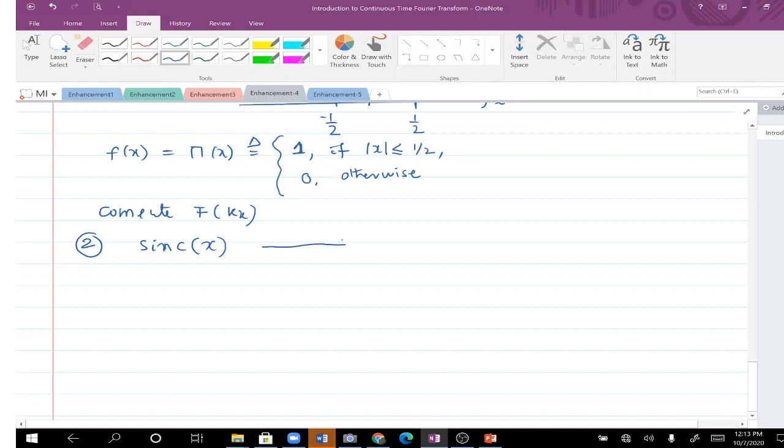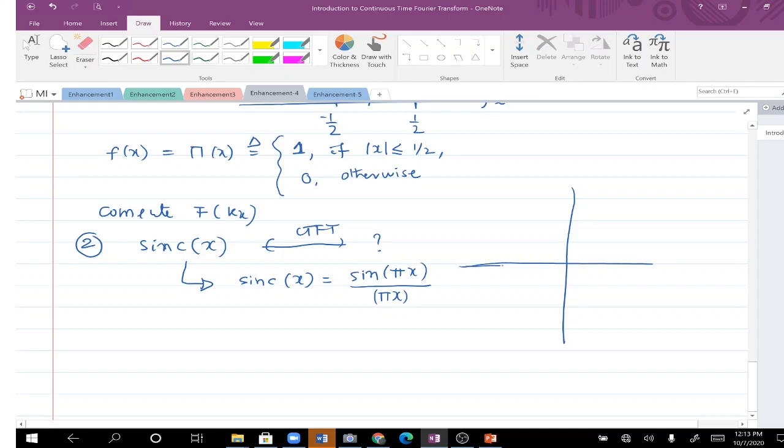Now for this sinc of x, you compute the CTFT. What is that? We discussed earlier that there are two definitions of it. In physics, usually the sinc of x we write as sine of pi x by pi x. There is another notation people follow to represent sine of pi x by pi x. They write it as sinc of pi x, but we will follow this notation, sine of pi x by pi x.